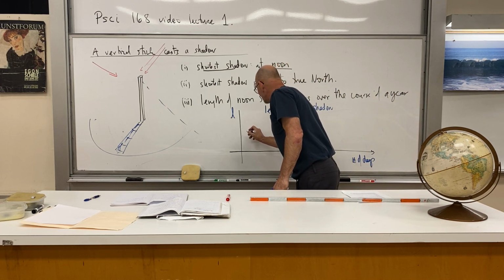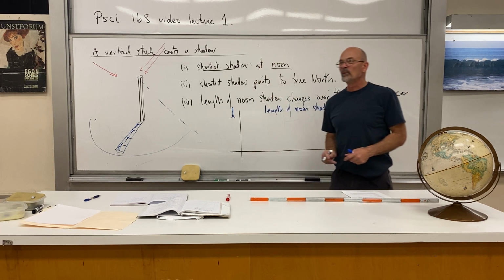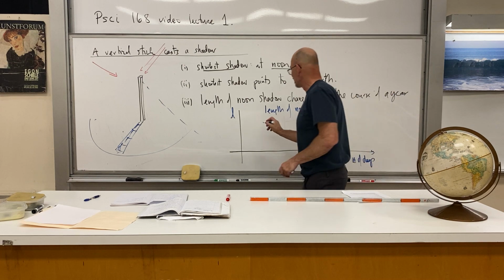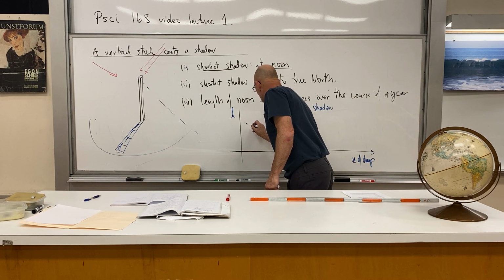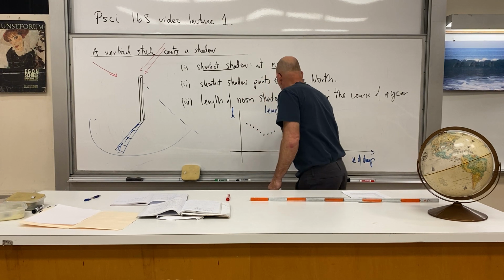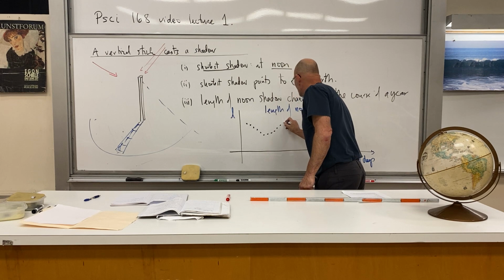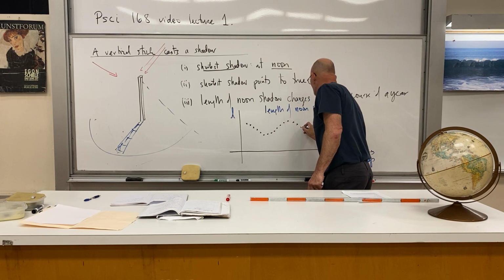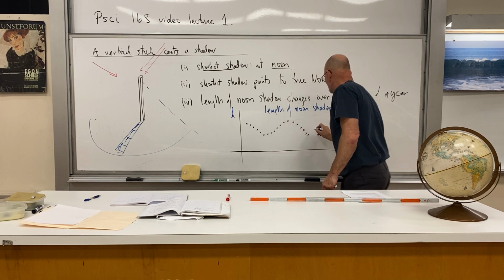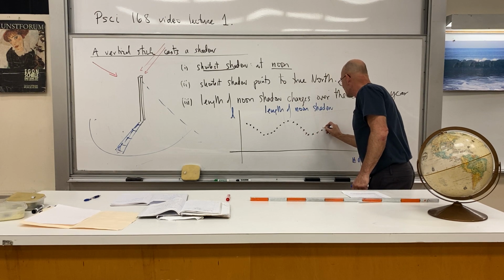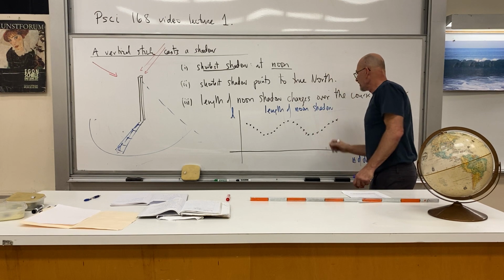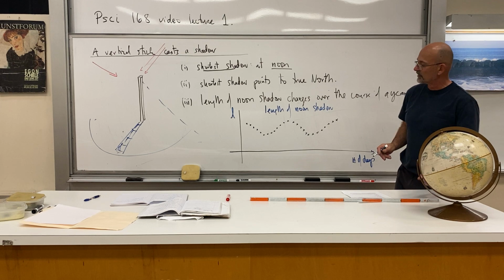And what we're going to find is, so right now we have winter, so there will be the longest. We're going to find this pattern like this. And on and on. So what am I drawing there?